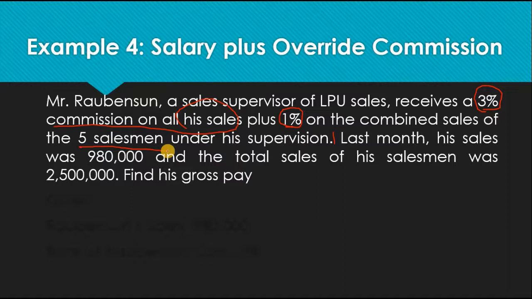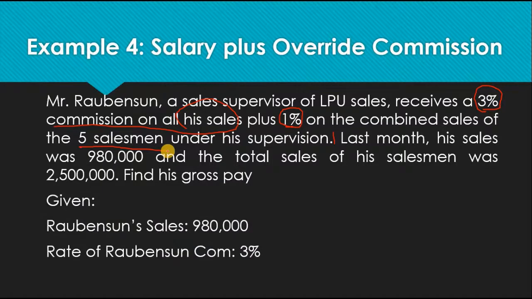My own commission plus the commission I receive from my other salesmen. Last month, his sales was $980,000 and the total sales of the salesmen was $2,500,000. Find his gross pay.